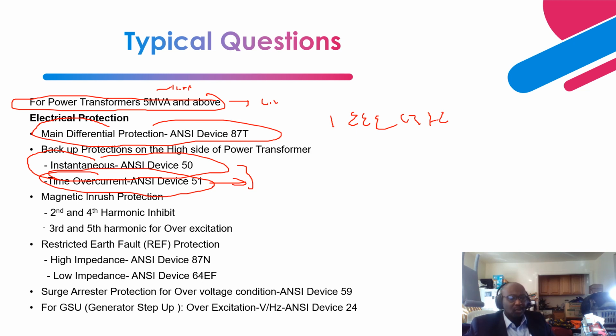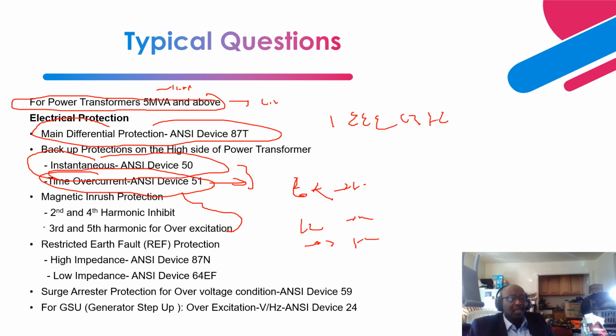Next is magnetic inrush, right? This protection scheme is implemented during energization of the transformer, where you have a huge magnetic inrush current, about 6 times the full load current for smaller size transformers, and all the way up to 12 times for medium size, and for larger transformers you can get all the way up to about 30 times the full load current, right?